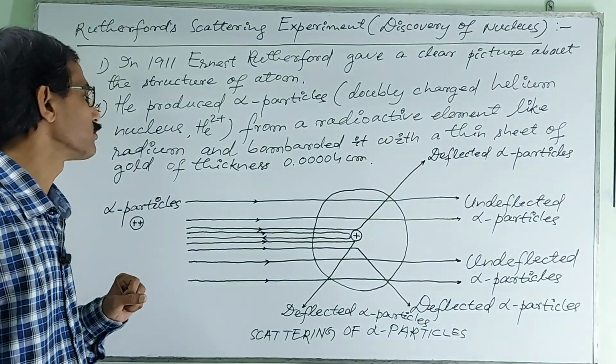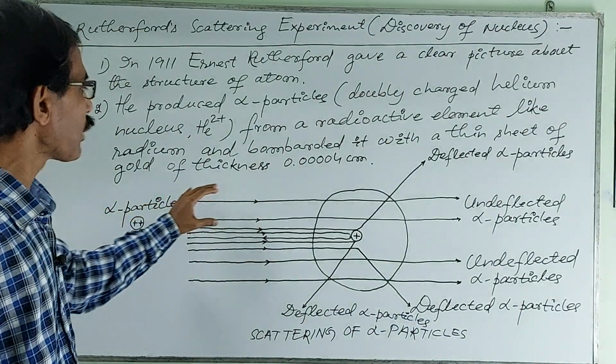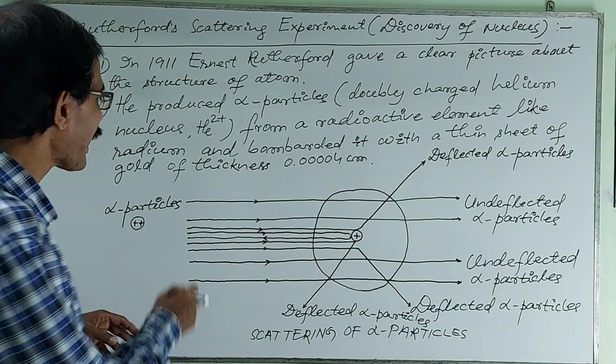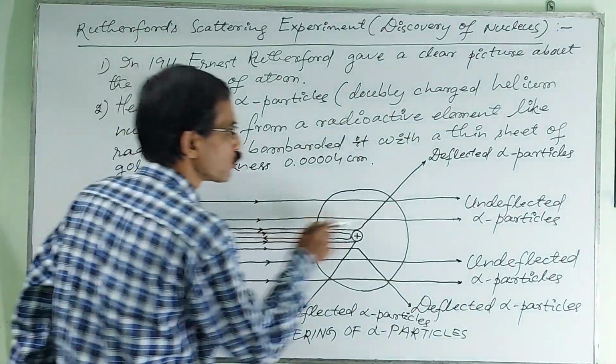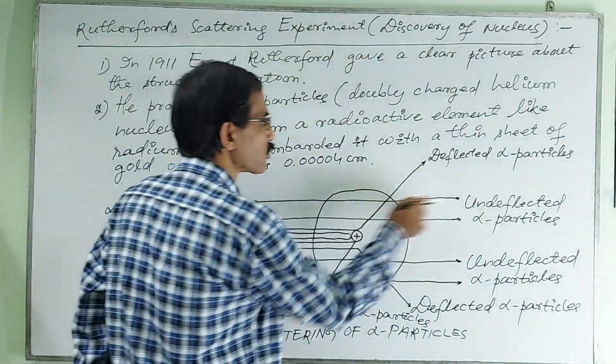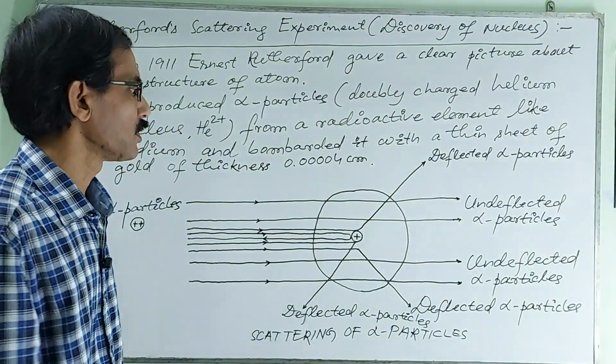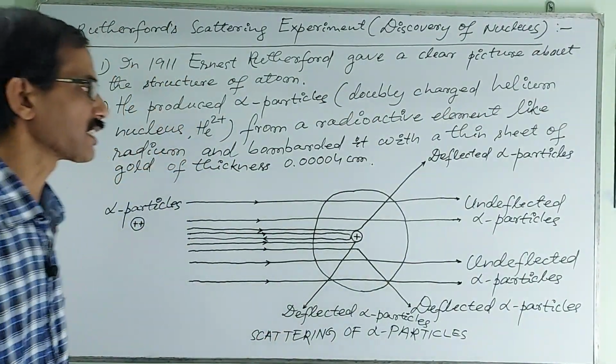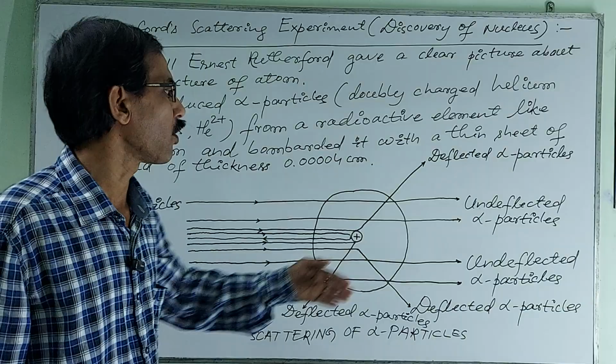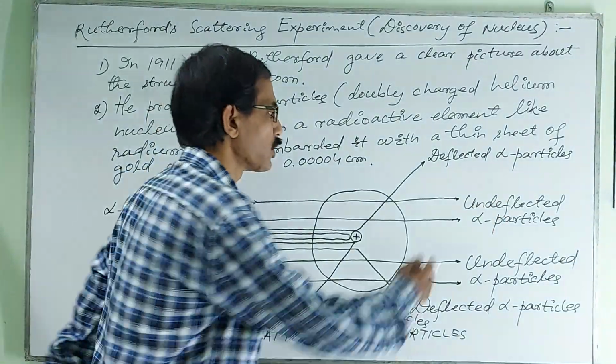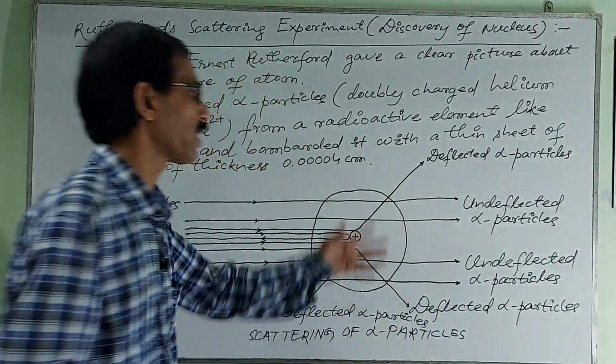What did he observe? Most of the alpha particles passed straight through the gold foil without any deflection. This means most of the alpha particles pass through the gold foil undeflected. These are undeflected alpha particles.